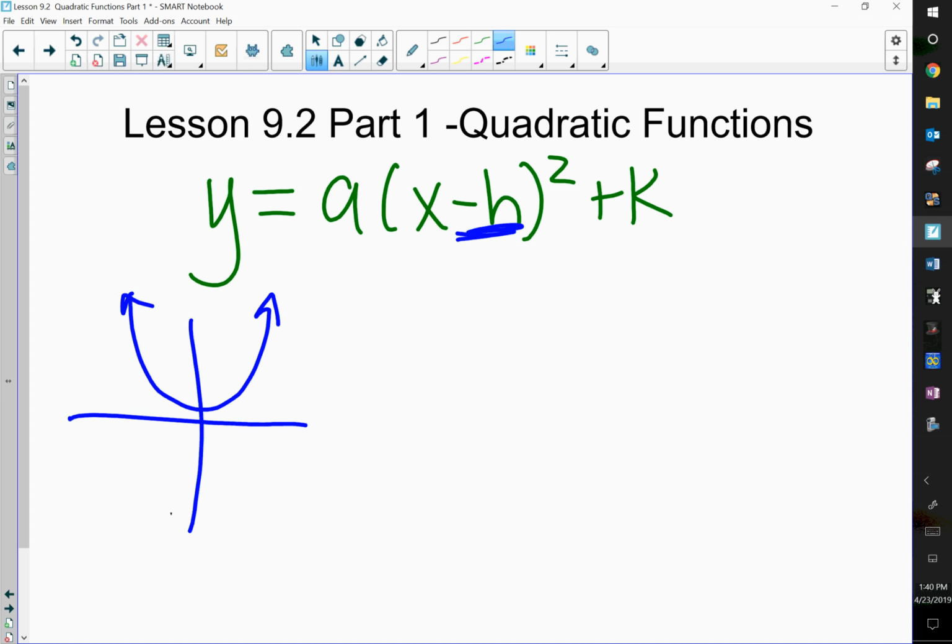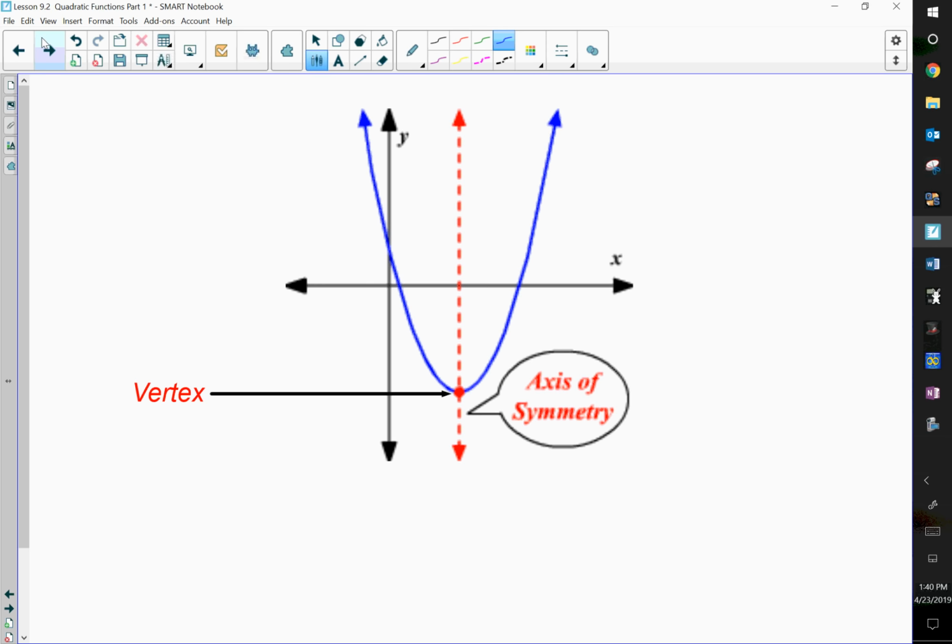The h will shift the graph to the left or to the right, and the k will shift the graph up or down. Now you also might remember that when you graph a quadratic function, you get this parabola, and parabolas are symmetrical, and cutting the parabola right in half is something called the axis of symmetry.